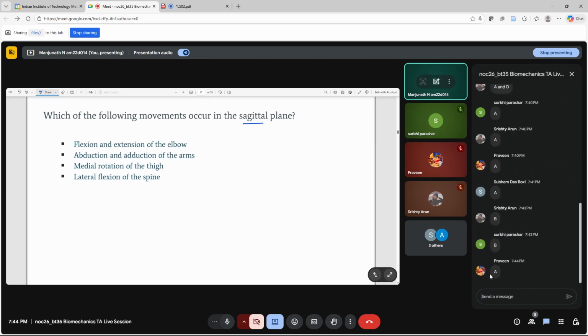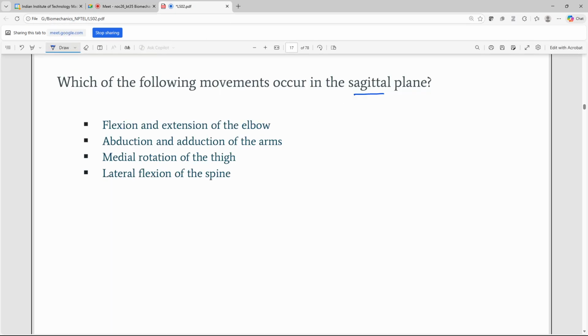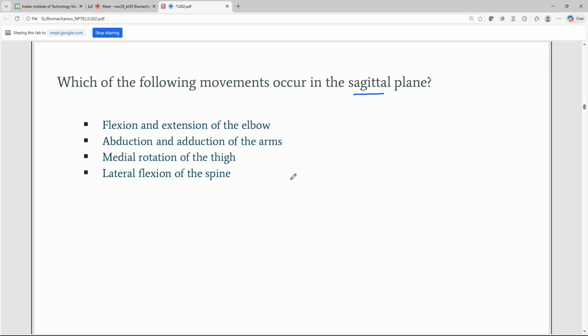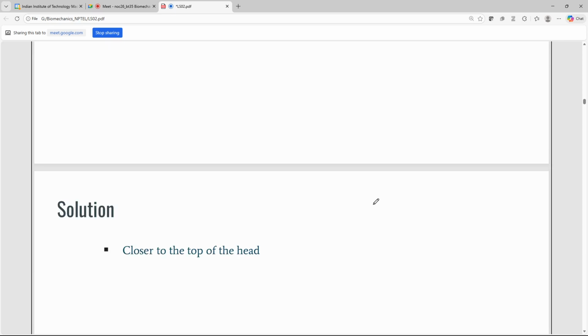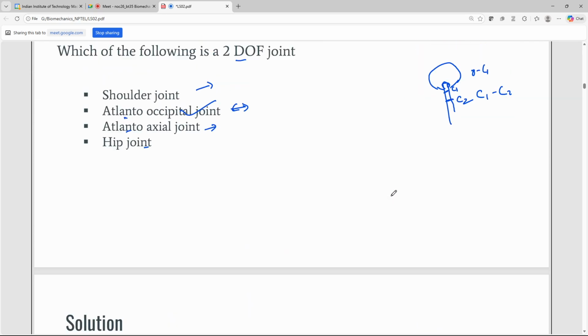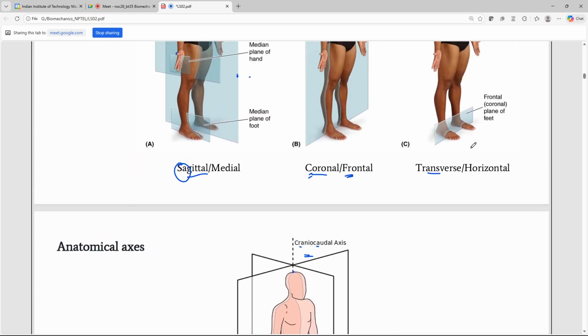Some of you have answered option B. So here the right answer is option A, the flexion and extension of elbow. Let me go back to the figures.